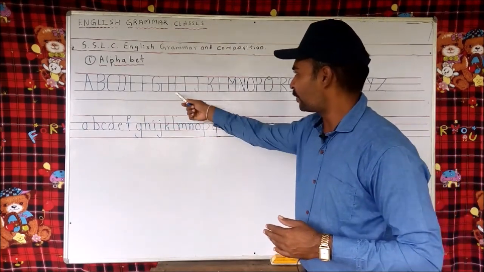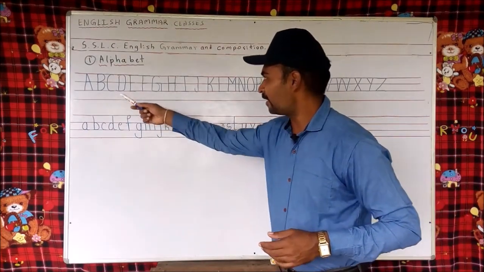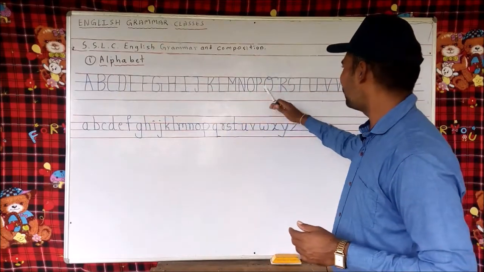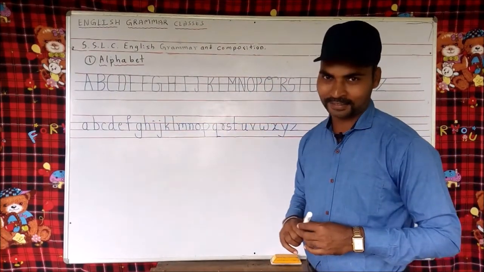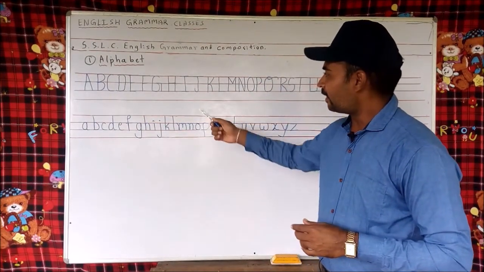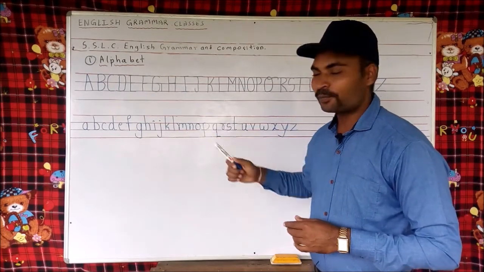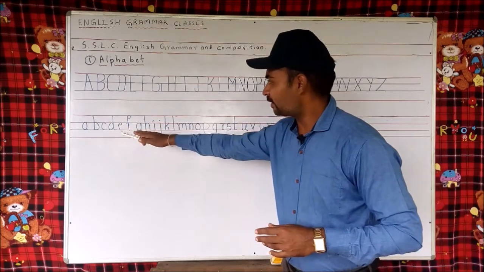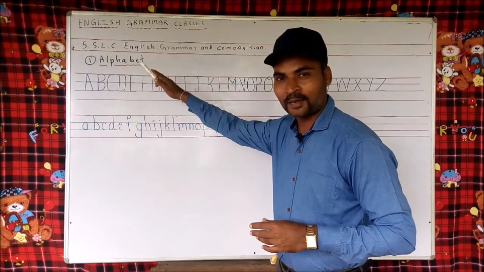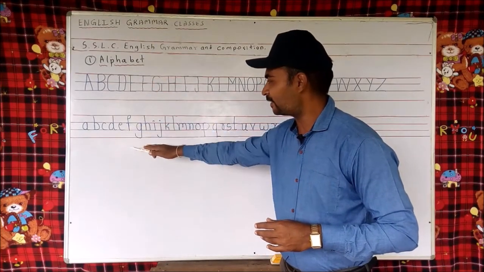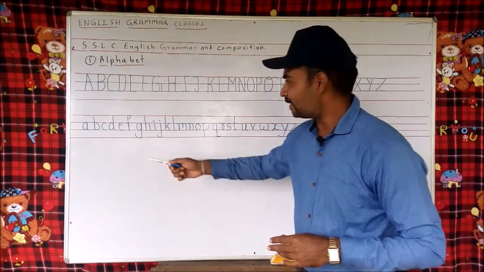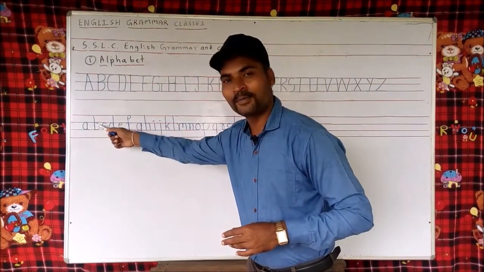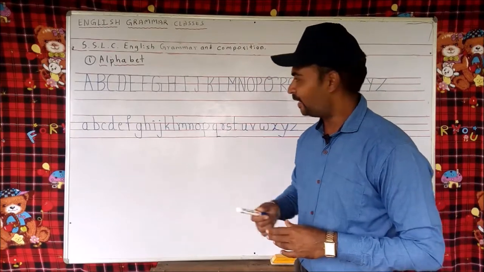When it comes to capital letters, all the capital letters come in the upper three lines. Then when it comes to small letters, some letters take upstroke, some letters take downstroke, and some fit in the middle of the line only.